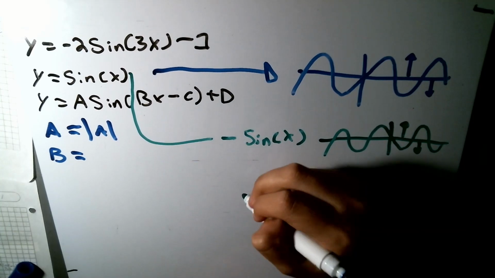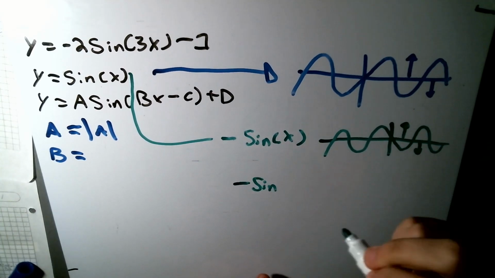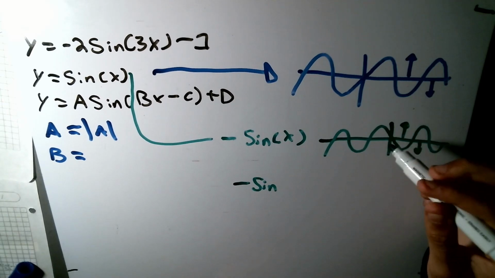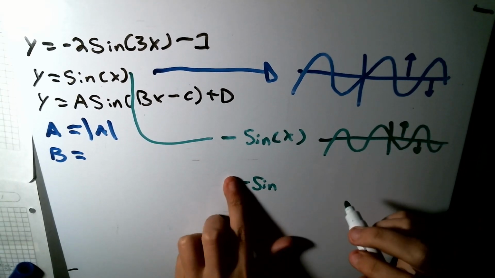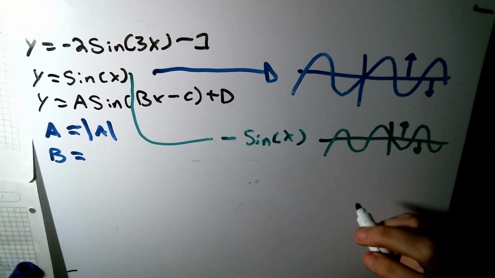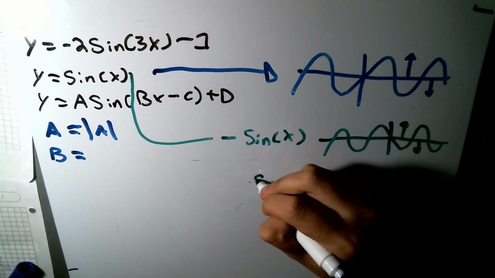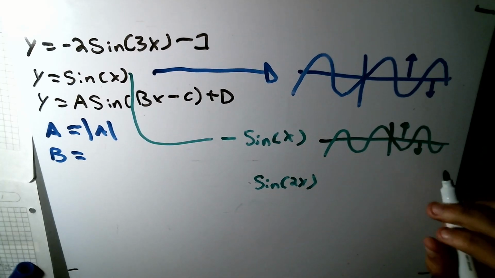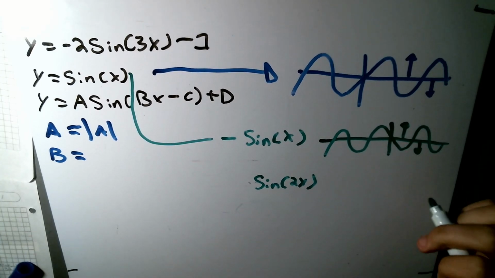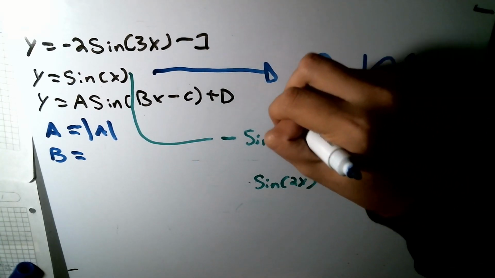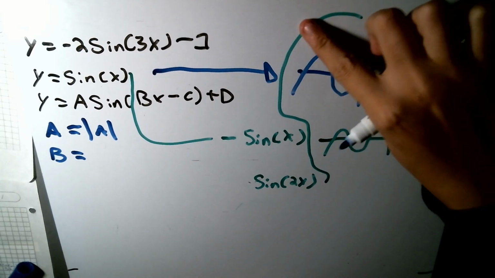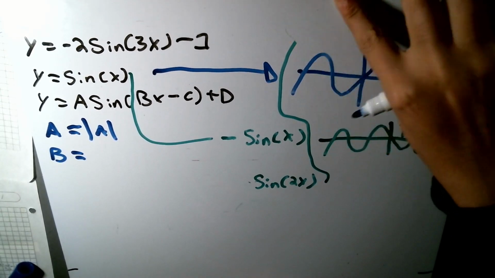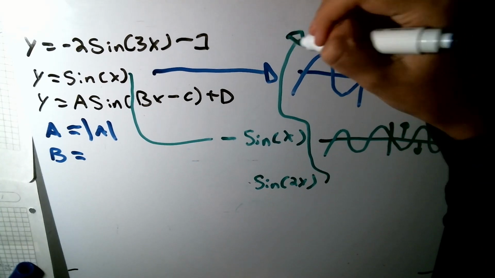So let's do sine of x. We're not going to work with the minus sign. We're going to write sine of 2x, and we're going to draw it above. Hope it does not become that messy.